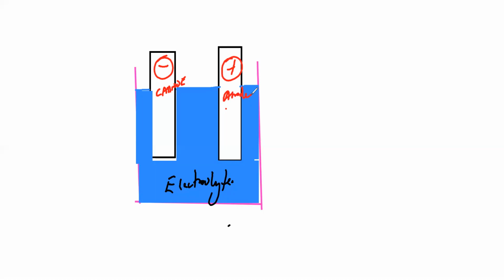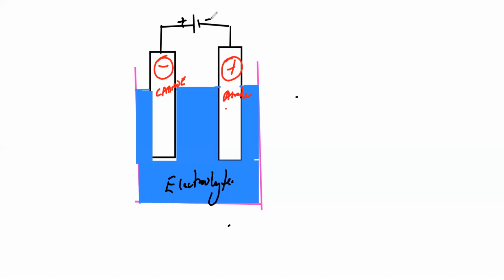These two are supplied by a cell. There's a difference between a cell and a battery: a cell has only one positive terminal and one negative terminal. As of now, this is not that important.